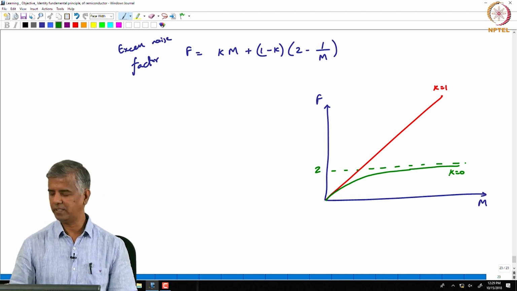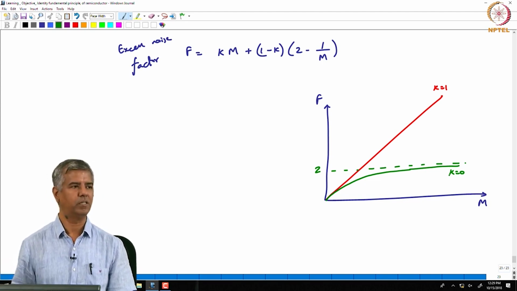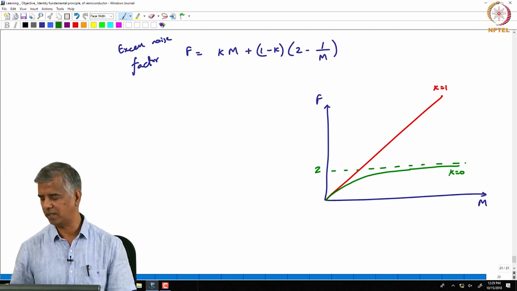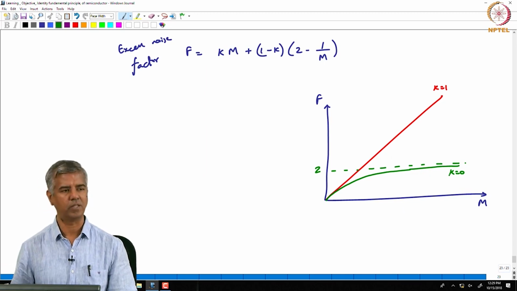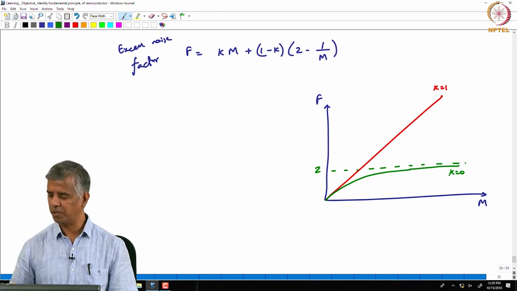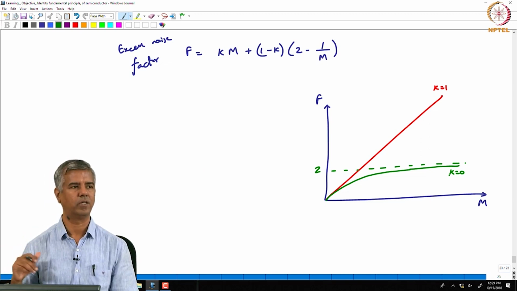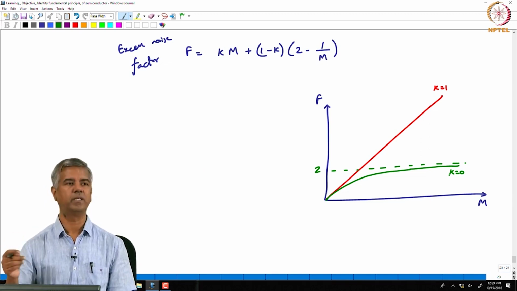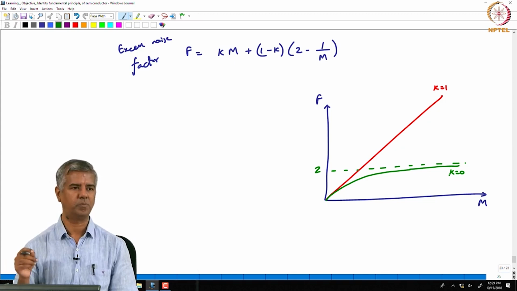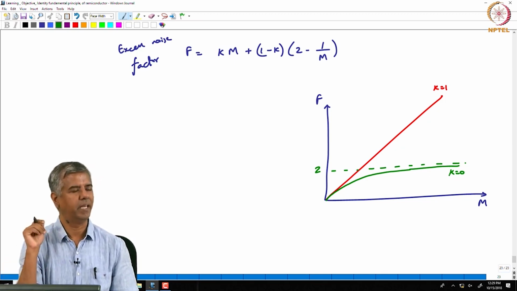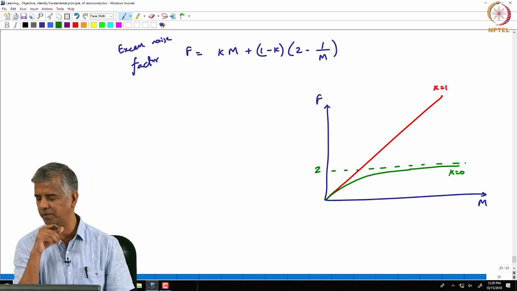right. Whereas, in the other case, when k equal to 0, it essentially levels off beyond initial values of M. So, beyond certain value of M, all you have is gain and not so much of loss, because you do incur extra noise just because the electron is going to create that variability in terms of achieving gain.